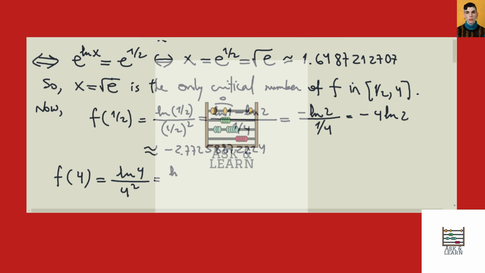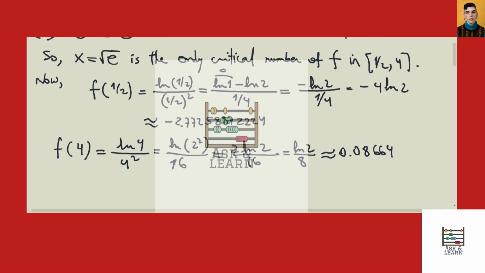Remember, 4 here is natural logarithm of 2 squared over 16, and applying the properties of the logarithm, we get 2 natural logarithm of 2 over 16, and that's the same as natural logarithm of 2 over 8, and that's about 0.08664. Okay, and that's the endpoints.